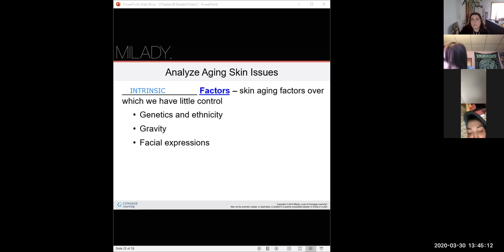You have no control over that, except you can use creams and things like that to try and prevent it, but it's inevitable that your skin will eventually sag due to gravity. And your facial expressions, so smile lines, crow's feet, things like that, they're going to happen unless you are going to freeze your face, never smile, only drink through a straw, and have absolutely no happiness in your life. You're going to get those lines.